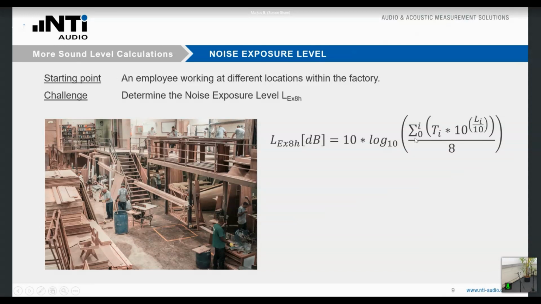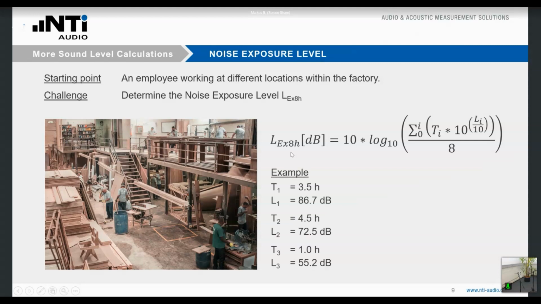Then you would build the sum of all these periods. So the next period could be 2 hours at 60 dB, whatever, and so on and so forth. For each period, you know where your worker is located with the corresponding level. You calculate this result and you sum it up and enter it into this formula. And that gives you the noise exposure level for 8-hour work time. That is the standardized reference.